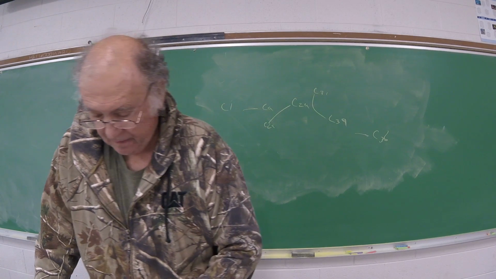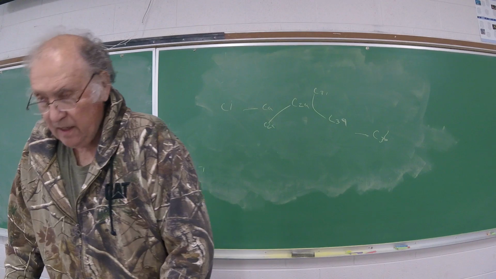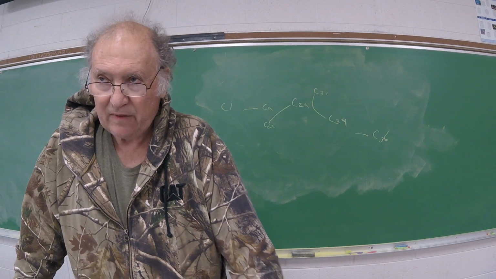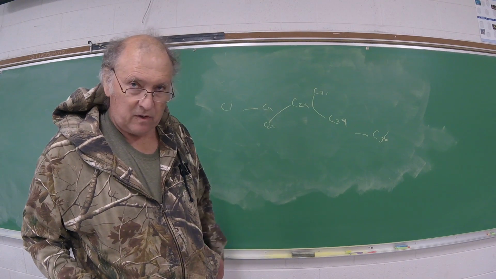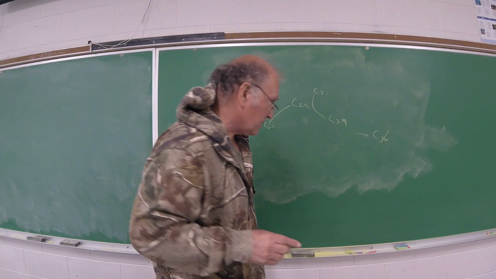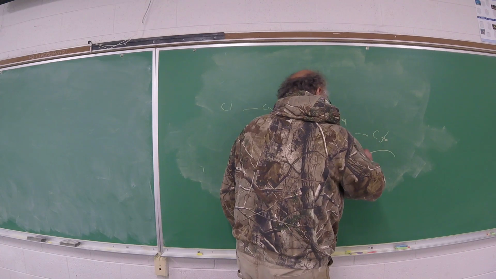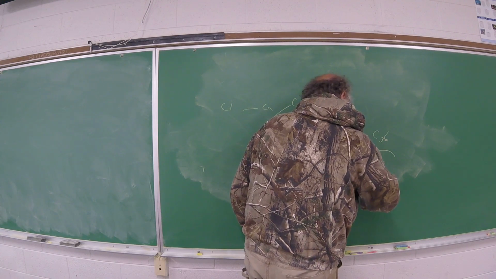Now, what happens when C3 is active? This is key. Over on the right-hand side, there's a membrane attack complex activated, C5 through 9. So C3b is the key to the classical pathway and also to the alternate pathway. C3b is going to activate C5 through C9.